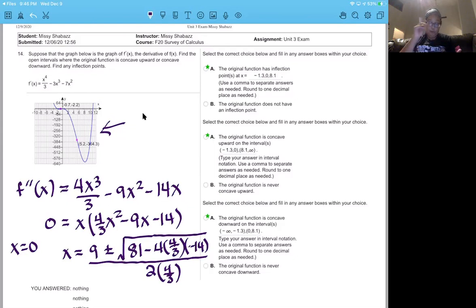Oh, I forgot to take the square root. That's what I keep doing wrong. All right, 81 plus 16 times 14 divided by 3. Take the square root of that. Now I'm going to add 9, multiply by 3 and divide by 8.